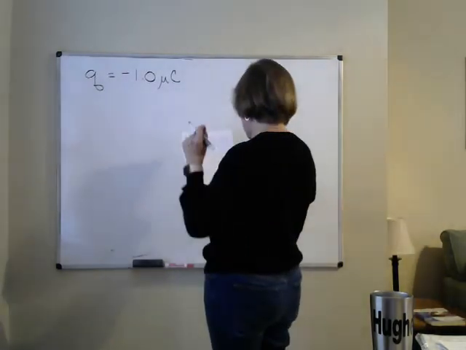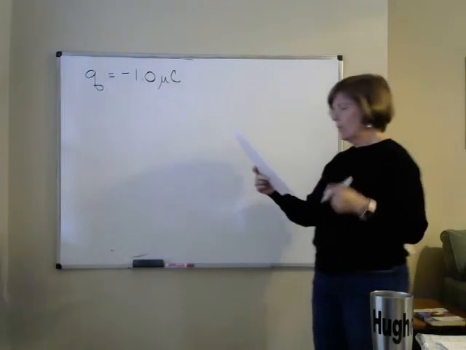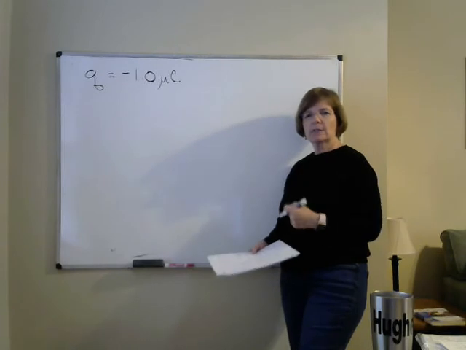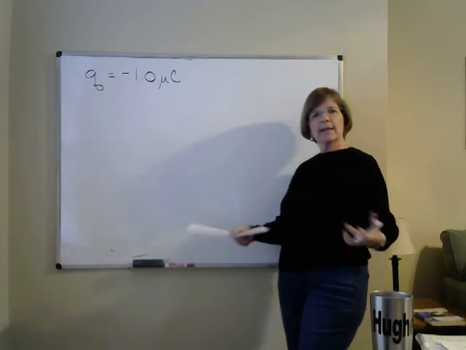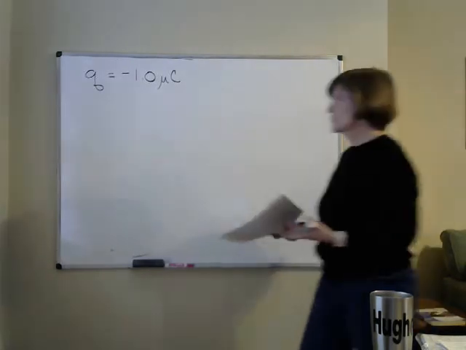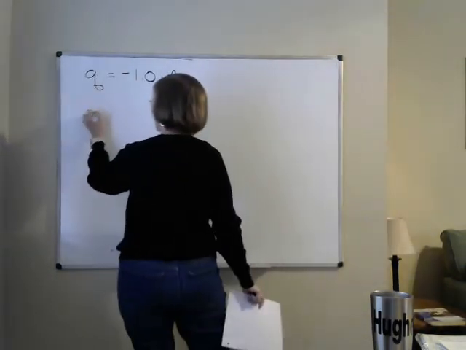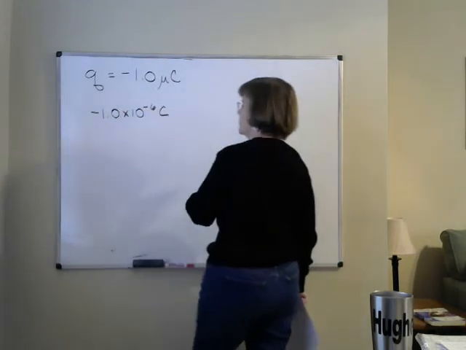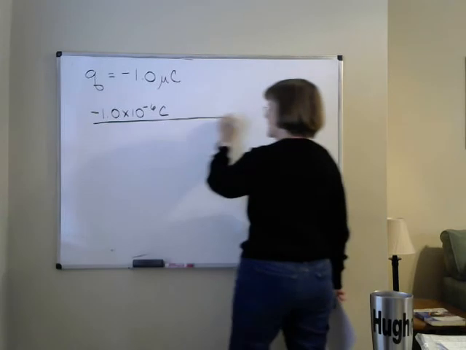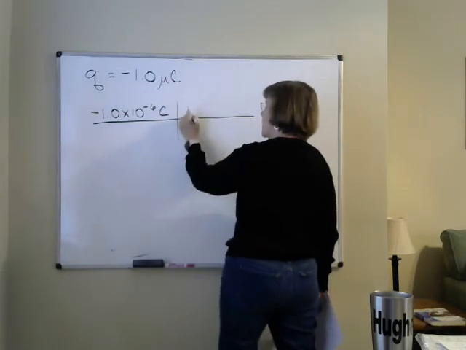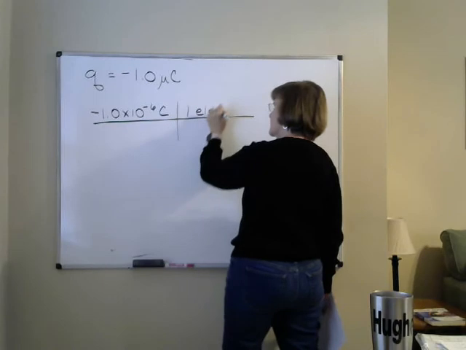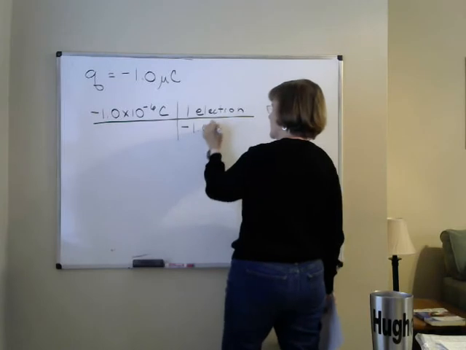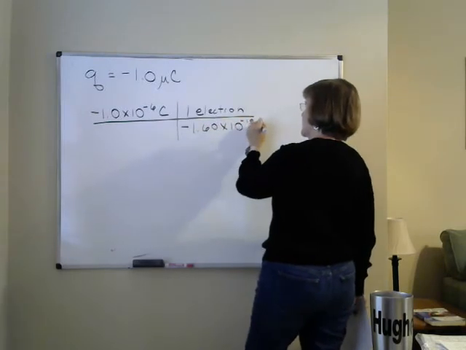So if I have a net charge of negative 1.0 microcoulombs, how many more electrons than protons do I have? How many extra or excess electrons is that? It's really easy. I have that much charge, micro, 10 to the negative 6, and I know that one electron has this much charge, negative 1.60 times 10 to the negative 19 coulombs.